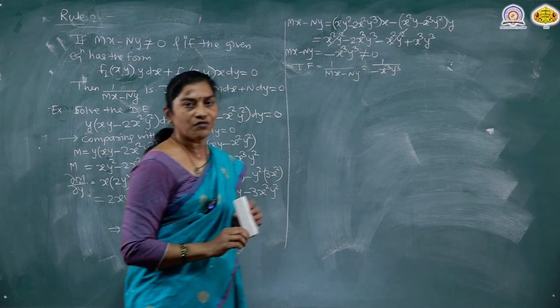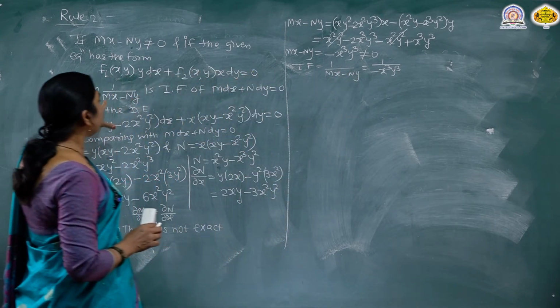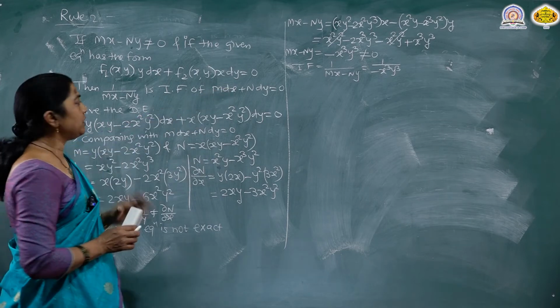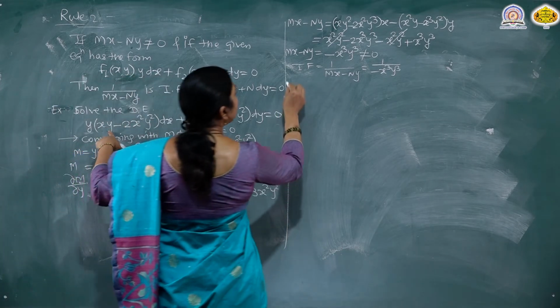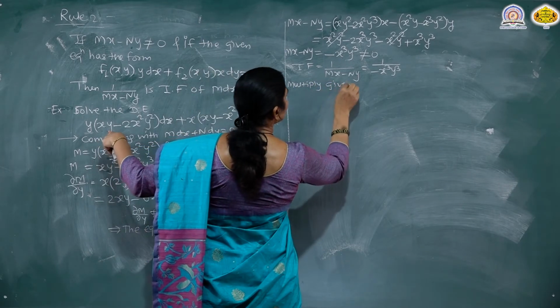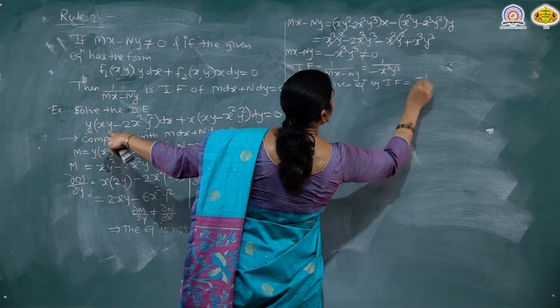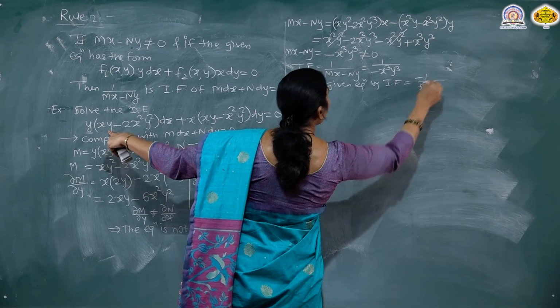This is the integrating factor. Once we get the integrating factor, we multiply the given equation by this integrating factor. So, multiply by minus 1 upon x cube y cube.